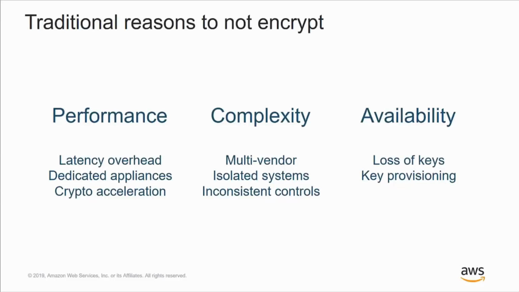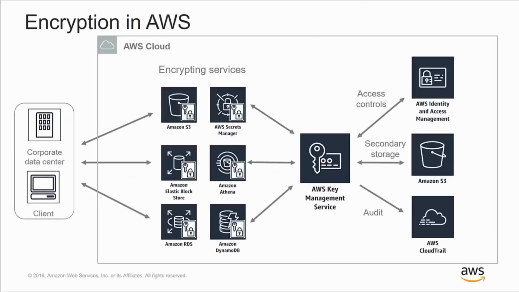The good news, of course, is that in an environment such as AWS, most of those issues have been dealt with. AWS is a pretty homogeneous place, defined set of services, interacting over a defined set of APIs, a large amount of consistency in terms of how encryption is applied, the ability to centrally manage keys in a resilient and secure service in the form of KMS, Key Management Service.